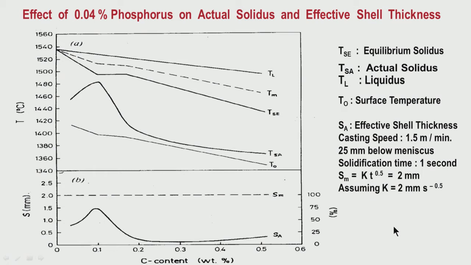All alloying elements will contribute their part in segregation. So it depends on what the small k values are, and what their diffusion coefficients in the solid are. All these factors will finally give us the relative amount of microsegregation of the alloying elements.